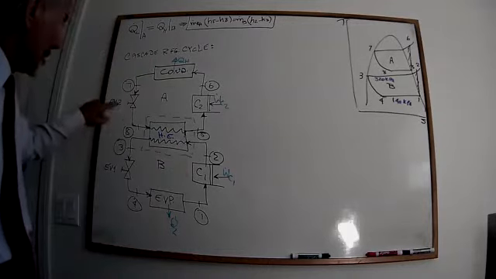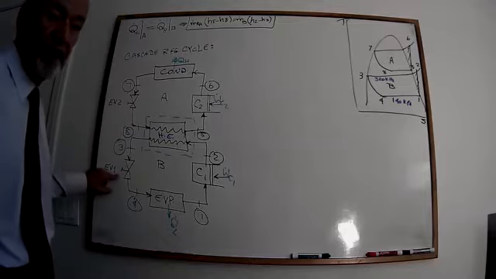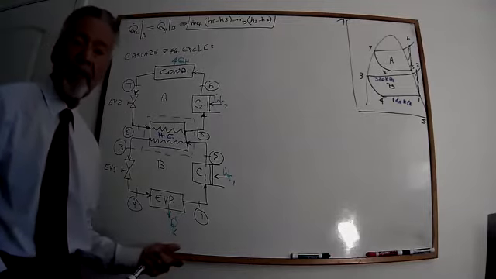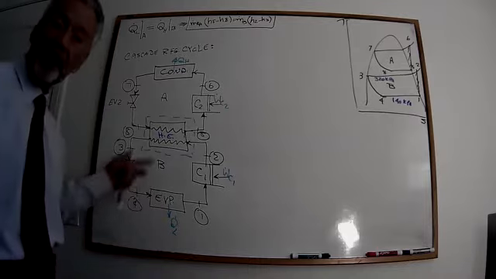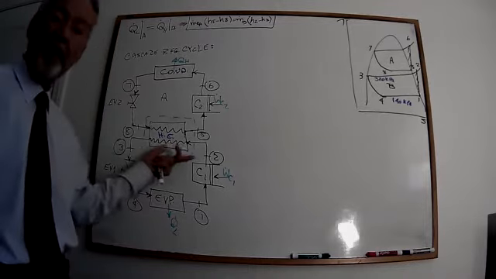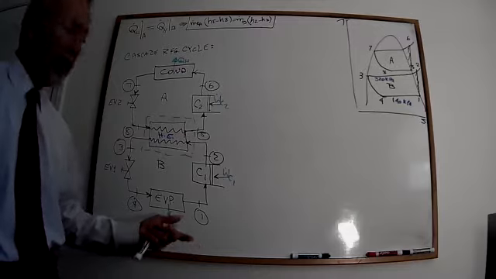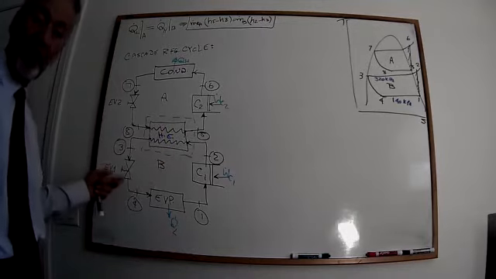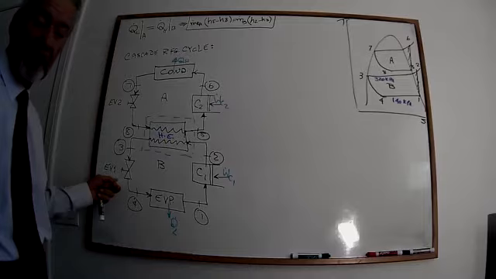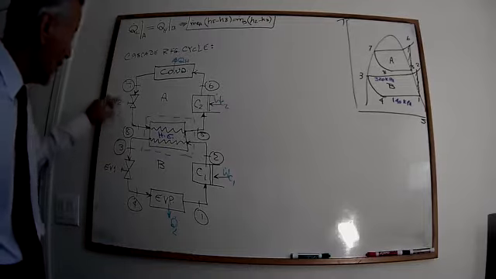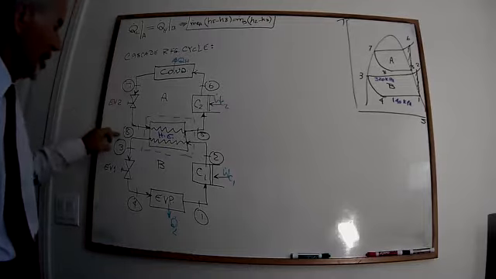On the other hand, the expansion valves reduce the pressure tremendously, but they do not exchange the heat. That's exactly the opposite of a heat exchanger. One, we exchange heat. The other one, we reduce pressure, not heat. That's why we have H3 equal to H4, H7 equal to H8.